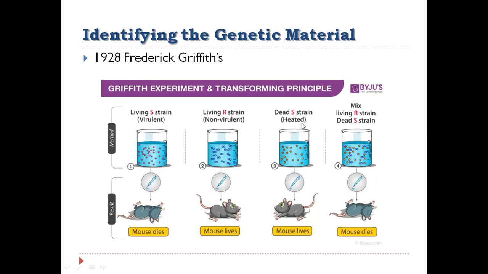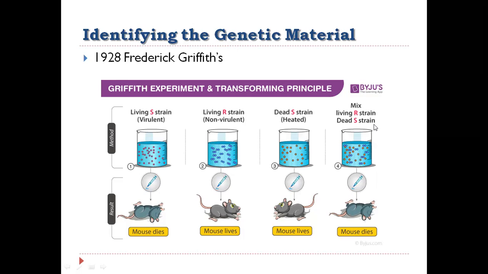When he mixed these and injected them into the mouse, the mouse dies. With this, he said that something happened with the bacteria because when he took a sample of the blood of this mouse, he obtained living S strain.